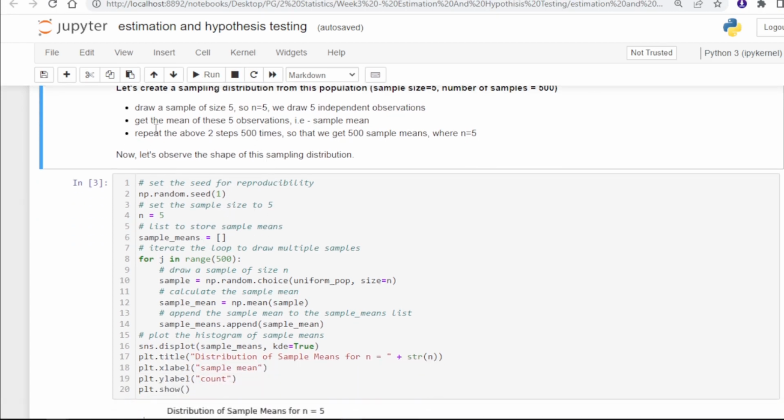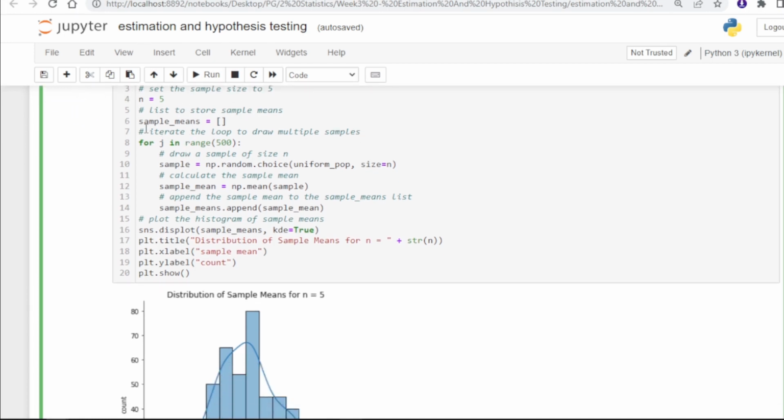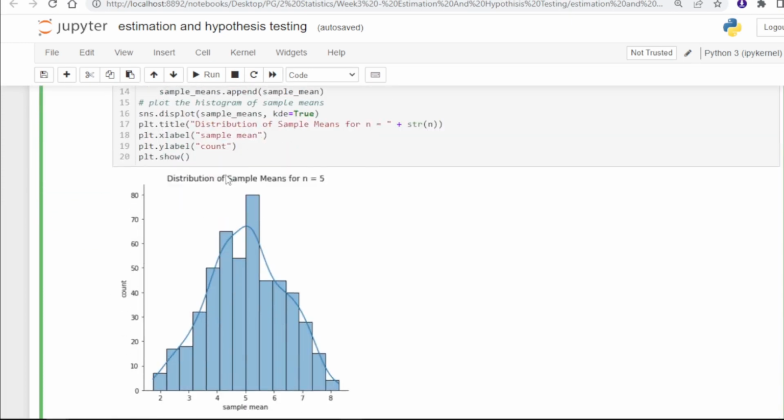So let's frame this logic in our Python program. You can see that again we set the random seed for reproducibility, and n is 5. We keep the sample means in a list. Then we iterate a loop 500 times to get those 500 samples.